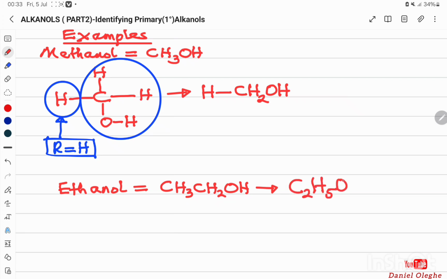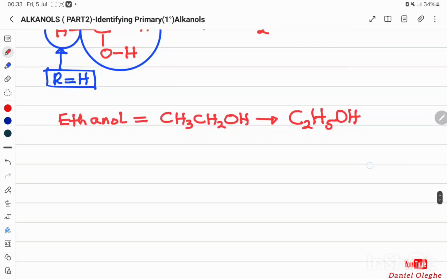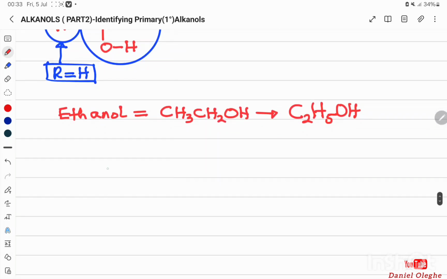Let's consider the molecular structure. There are 2 carbon atoms in the molecule. And we have a hydroxy group on one of the carbon atoms. And that carbon atom that bears the hydroxy group is going to be called the hydroxy-carbon.